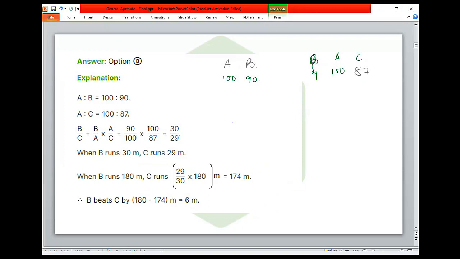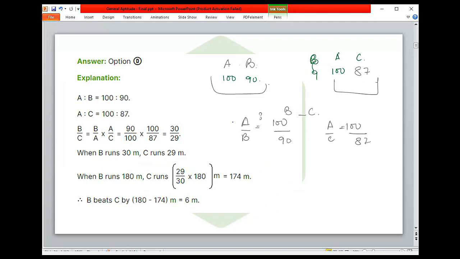Right now I need to find out, in my first scenario, how much is B beating C? B is beating C by how much distance? So how do we find it out? A ratio B is equal to 100 upon 90. A ratio C is 100 upon 87.